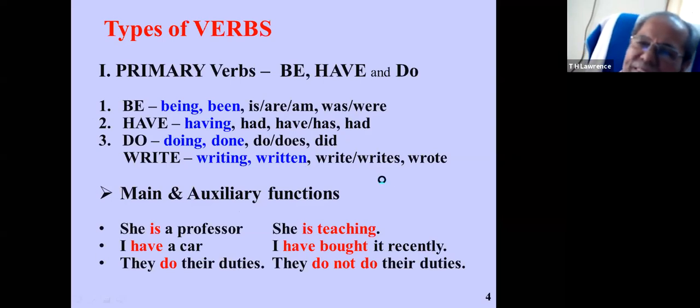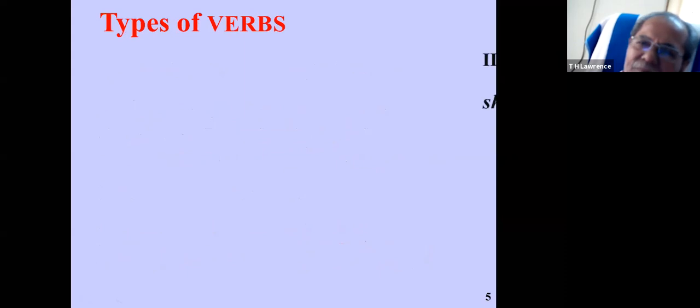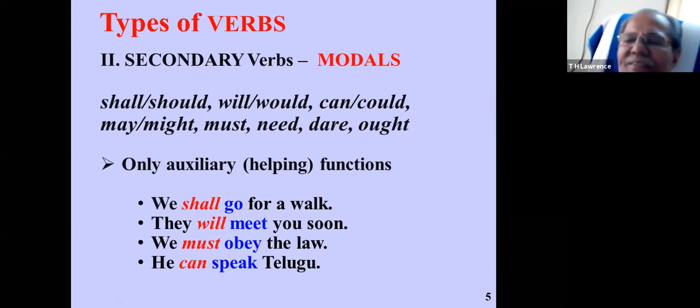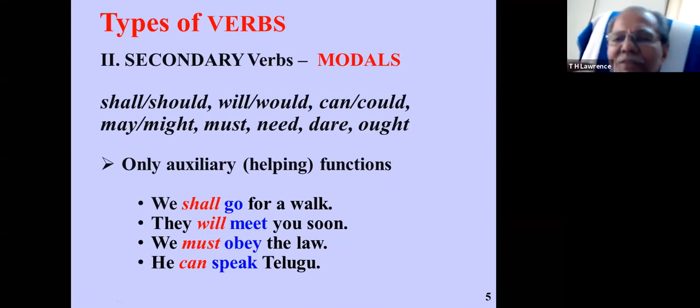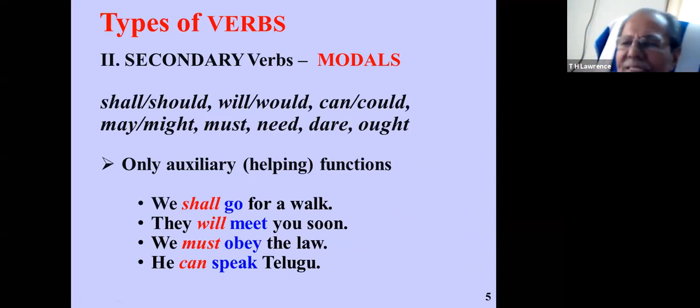Now let's go to the next. Now the secondary. When we have a primary type of verb, then naturally we also have a secondary type of verbs. So here, secondary verbs are modals. Modals in the sense, you can just see below: shall, should, will, would, can, could, may, might, must, need, dare, ought.